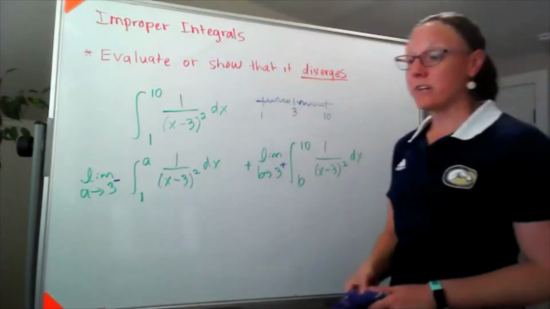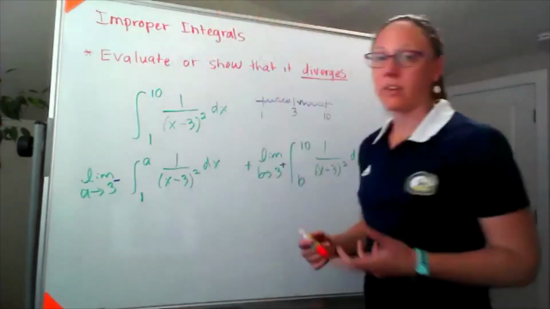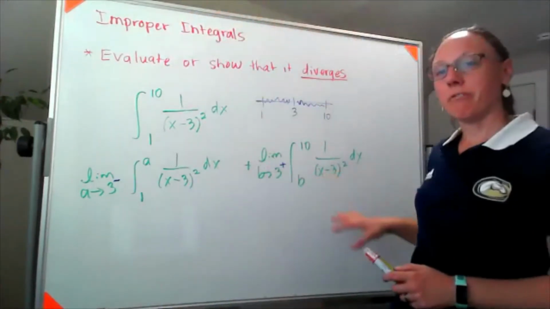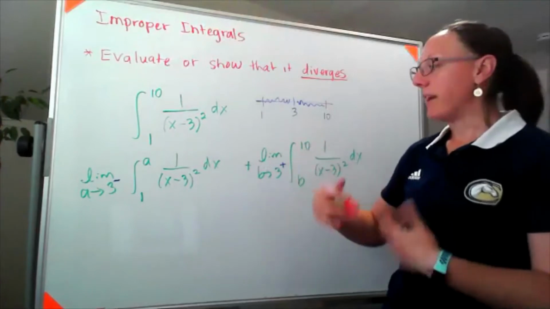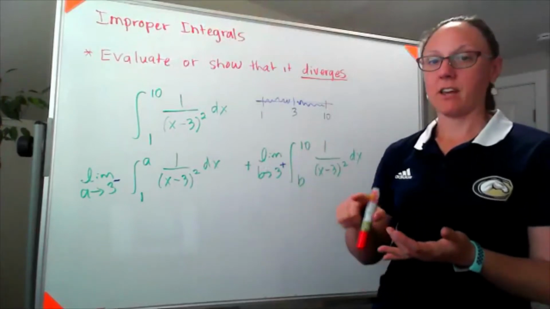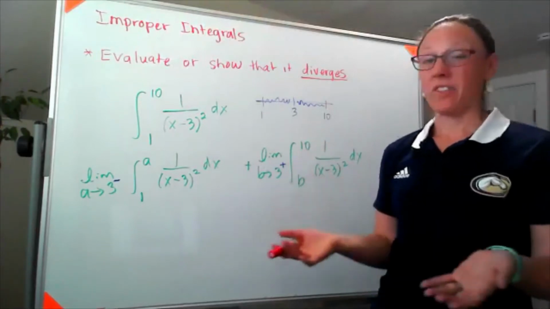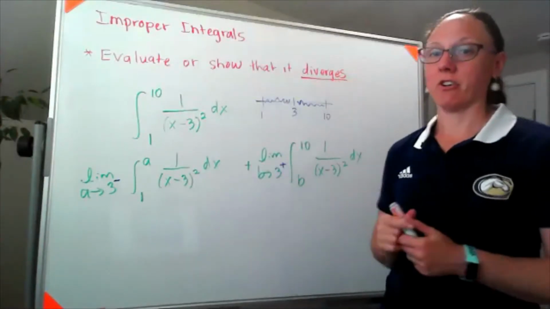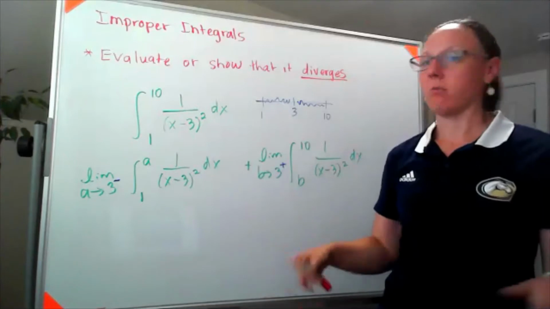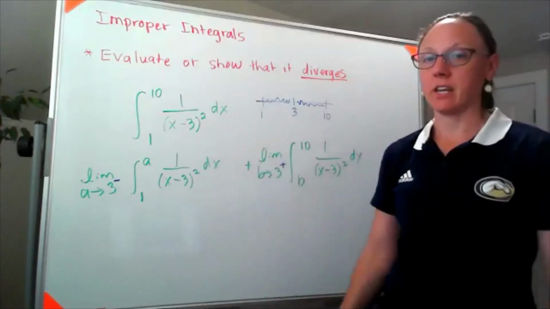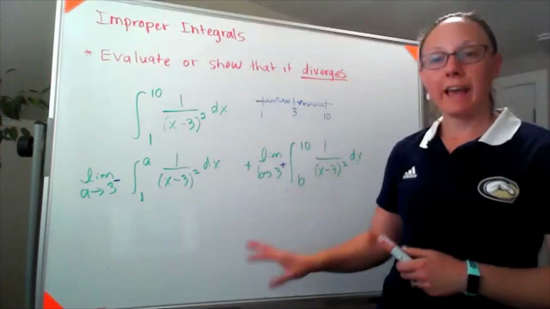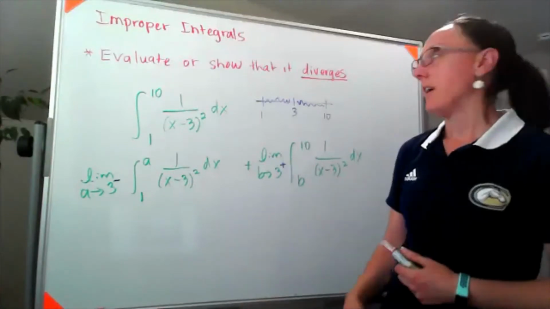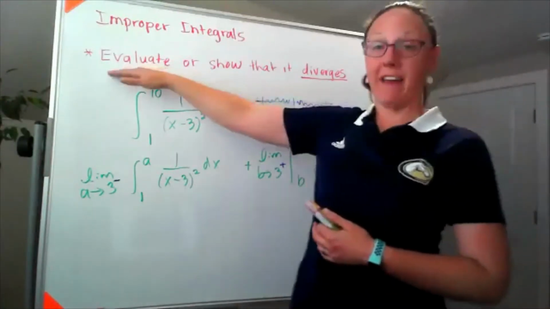To answer this question in terms of evaluate or show that it diverges, remember that when we finish off that limit, if we get positive infinity, negative infinity, or that it's undefined, all of those tell me that the integral diverges. But if we get any number at all, 0, negative 17, 4/3, any number at all when we're done, then I've evaluated it.